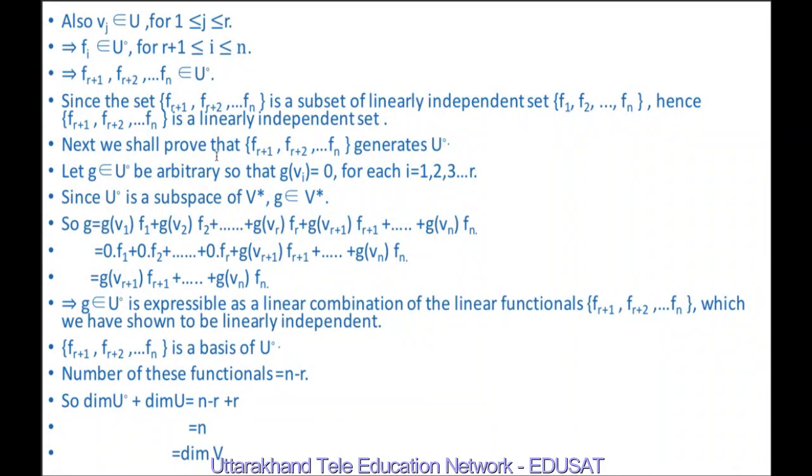Now we will show that f(r plus 1), f(r plus 2), ..., fn generates U dot, meaning any vector in U dot can be expressed as a linear combination of f(r plus 1), f(r plus 2), ..., fn. Let g belong to U dot be arbitrary, so that g of vi equals 0 for i equal to 1 to r.